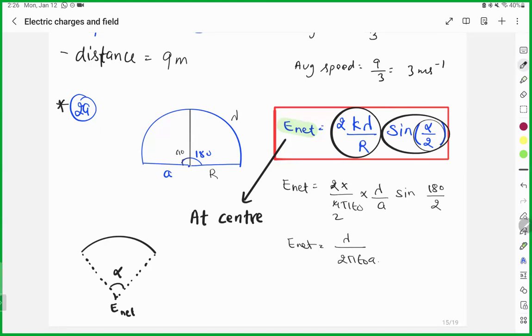Understood? Any angle. In this case, if you take this part, 1, 2, and like this semicircle, what will be the angle alpha in this case? 180. That's why you take this.